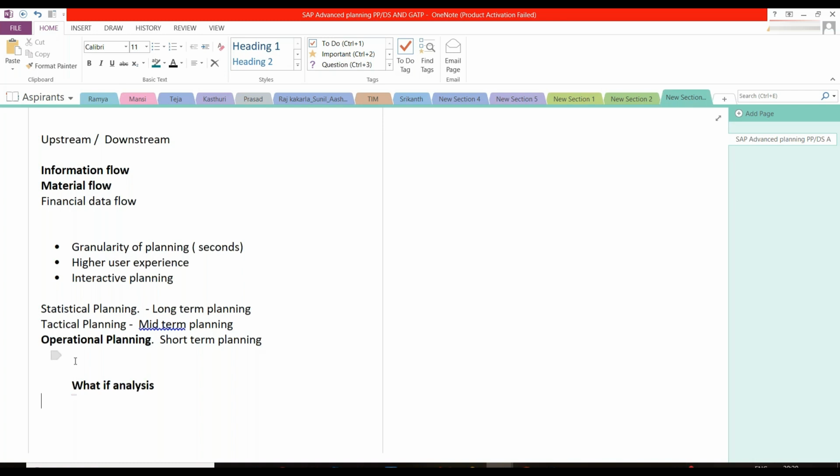When you see statistical planning, the constraints are to a very high extent minimized, or I would say they're in silos. When I go to tactical, probably I look forward to a few. But when I come to operational planning, I really have a few challenges, or constraints, in my planning aspects. How are they considered? How are they approached? That we are going to understand in more detail in our next session. Sure.